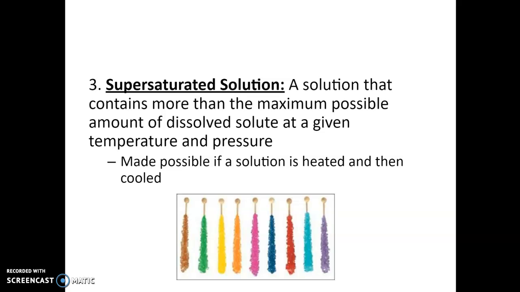This is very common if you were to make something like rock candy, which is the easiest thing to think about at the moment. If you ever actually want to make rock candy, we might actually have a lab over it next week.